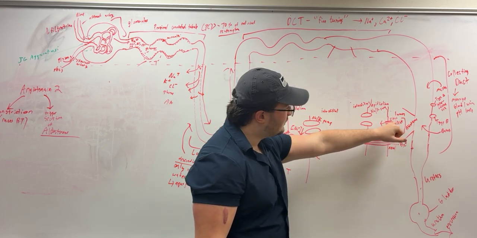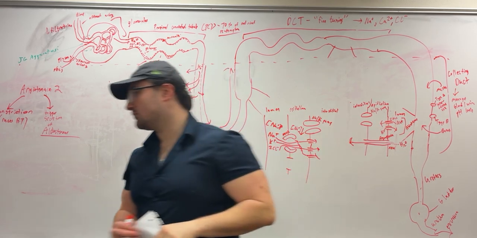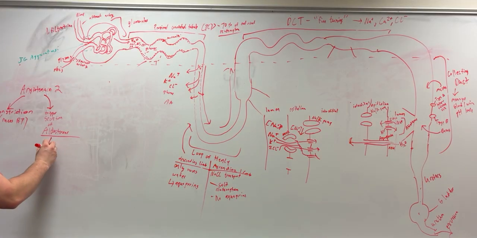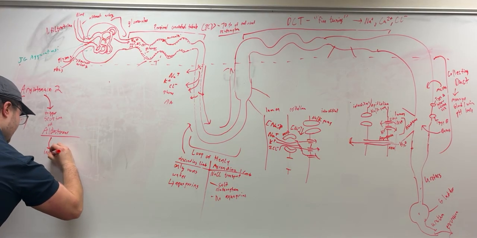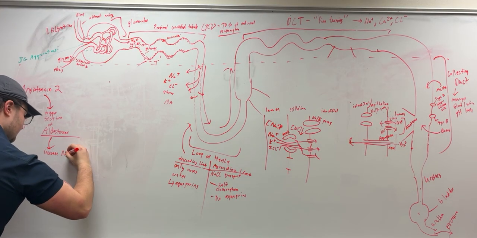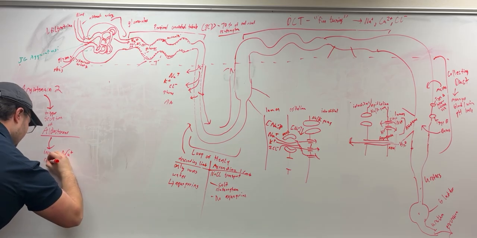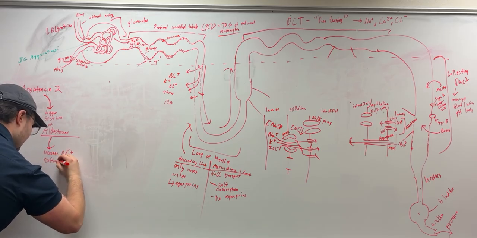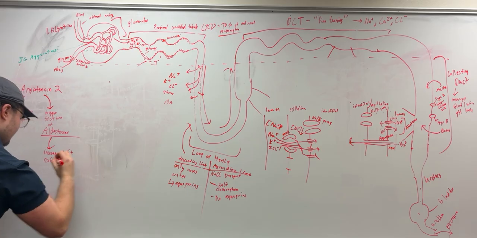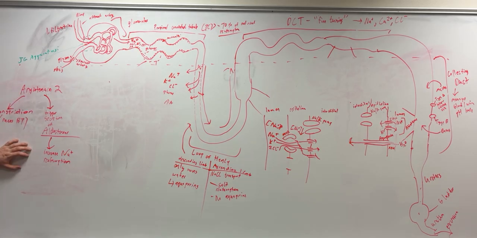So aldosterone can increase sodium reabsorption. So angiotensin 2 now has done vasoconstriction to help raise our blood pressure, and has also secreted aldosterone, which is going to allow more sodium to be reabsorbed into our blood.